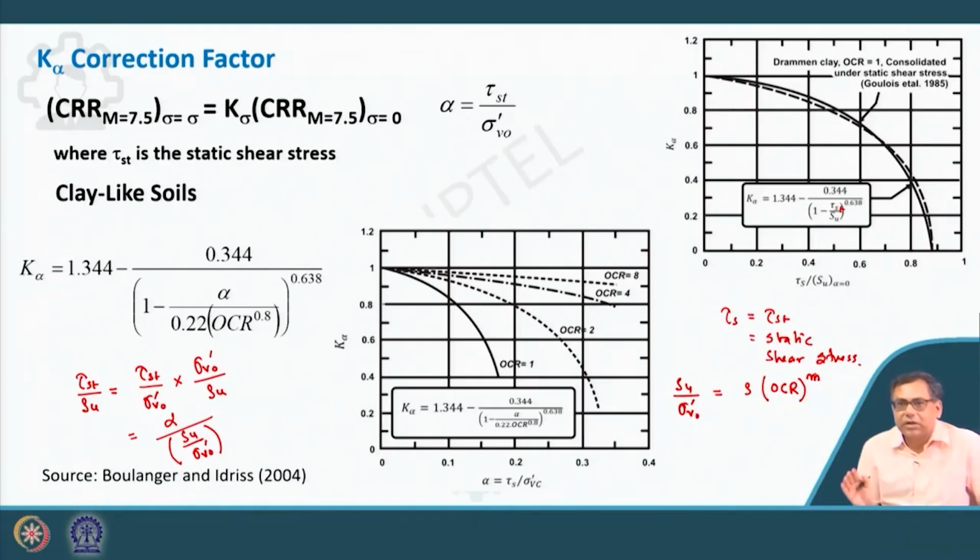OCR is the over consolidation ratio. These terminologies are very common in soil mechanics, so the audience should know this terminology.